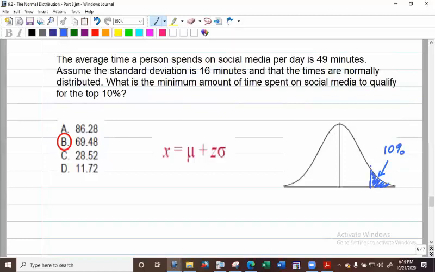That wording means 90th percentile. As long as we understand that, we're going to have no problem here. If I recall correctly, if you did 10th percentile, I think it's answer C. So that's why you got to be careful. It's 90th percentile.